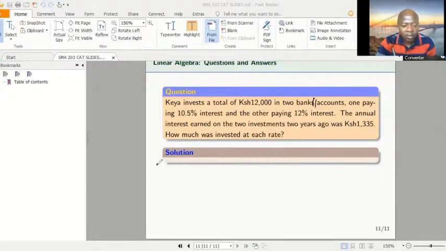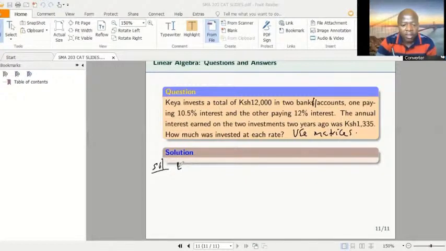So the solution to this, in fact, I should have said that use matrices, because the topic of today is about questions and answers in linear algebra. So this would be a very good question where we're using matrices because they're linear algebra.